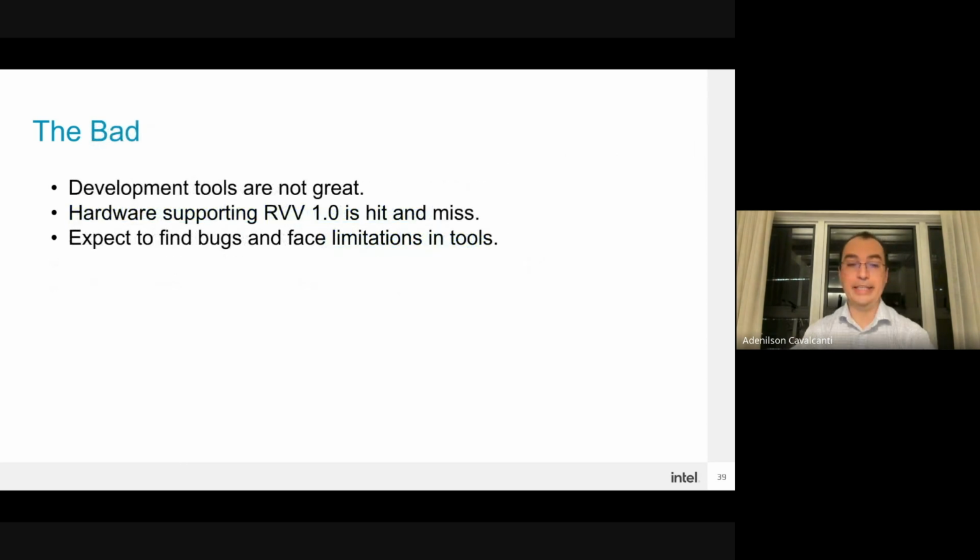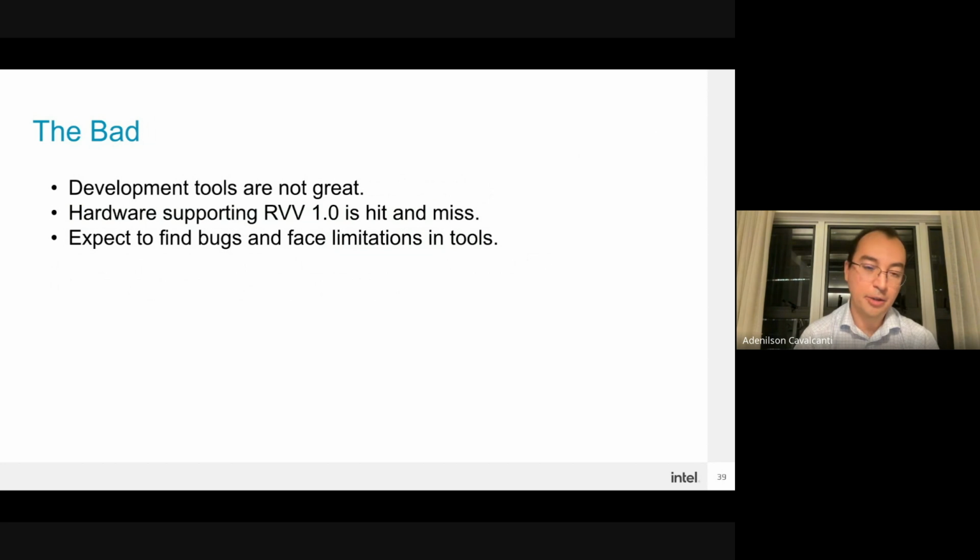Now, the bad things. I have to be honest, development tools are not great. So expect things like compilers to generate wrong code, expect things like perf not working correctly, and so on.